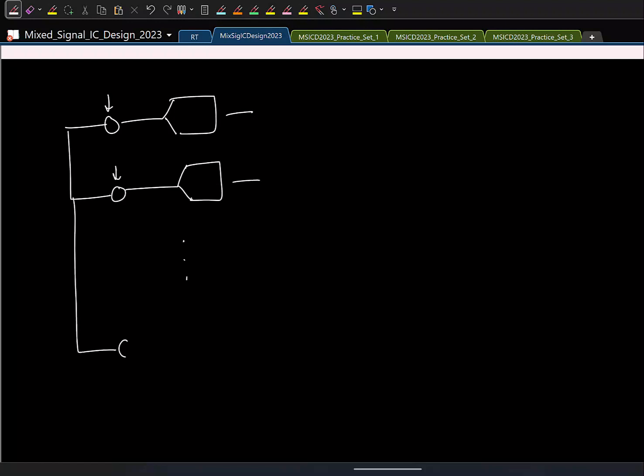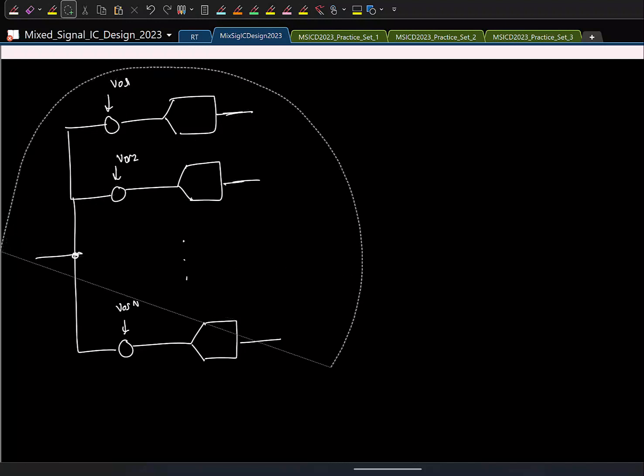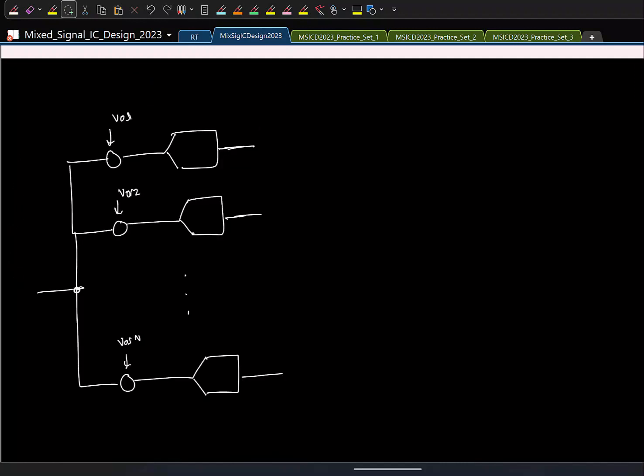The first channel has some offset, VOS1, VOS2, up to the nth channel. Can you suggest something to correct for this mismatch in the offsets? What can be done?